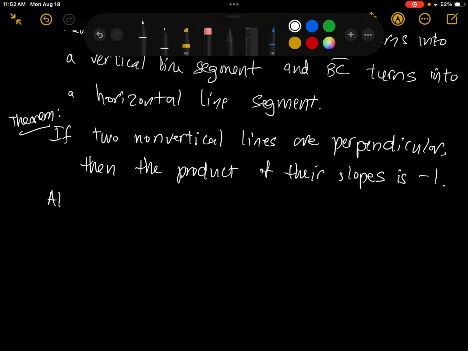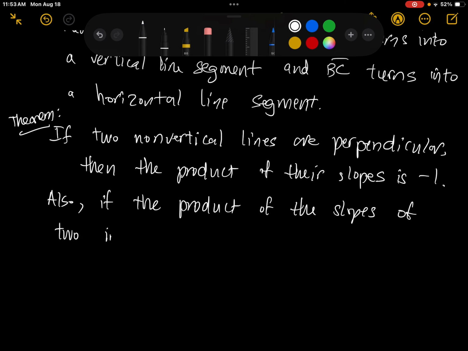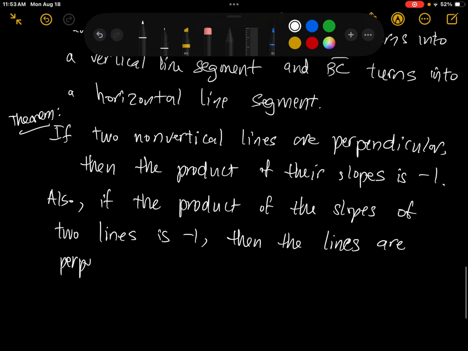If the product of the slopes of two lines is -1, then the lines are perpendicular.